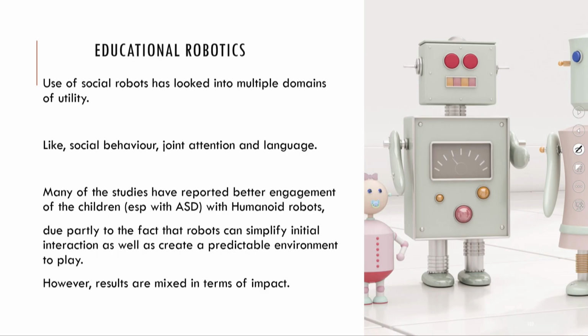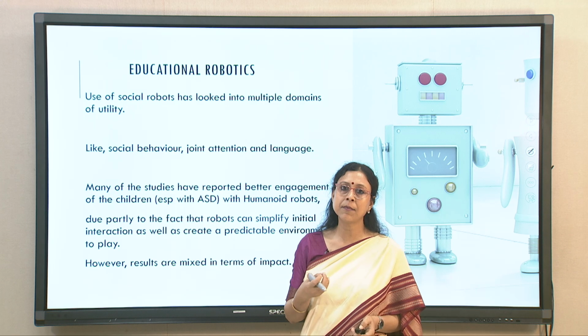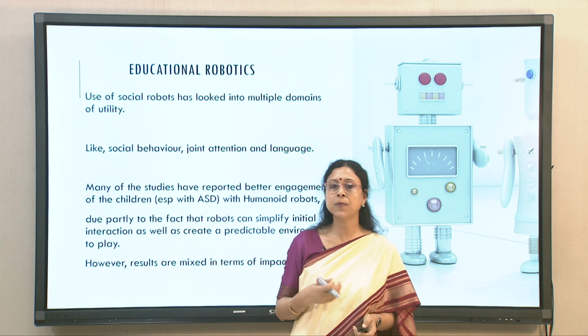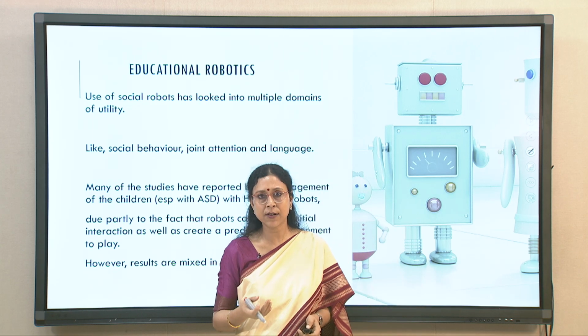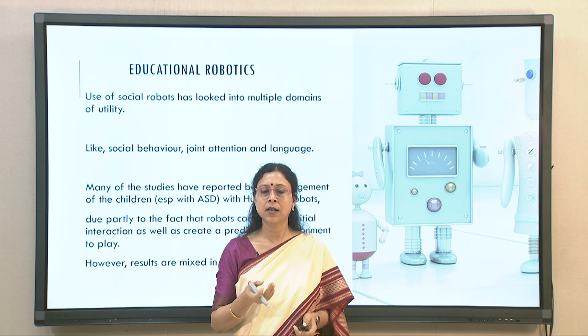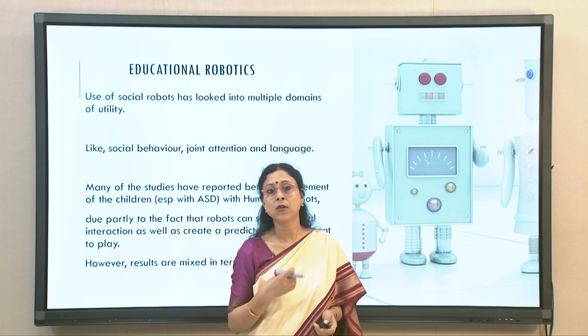Many of the studies have reported better engagement of the children, especially with ASD, with humanoid robots. This is due partly to the fact that robots can simplify initial interaction as well as create a predictable environment to play. Autistic children prefer a predictable environment, and they also prefer not to interact with human agents, but they can actually interact with non-human agents.